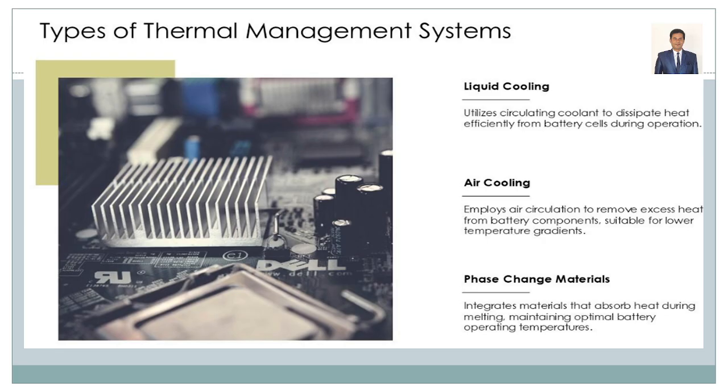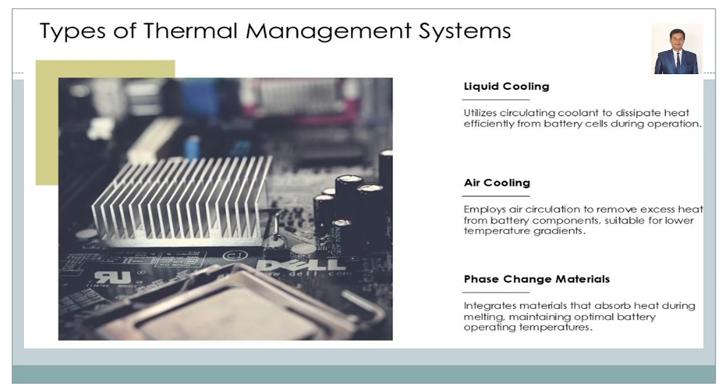All right, so liquid cooling, where you can utilize a circulating coolant to dissipate the heat efficiently from the battery cells during operation. All right, air cooling also implies air circulation to remove the excess heat from the battery's components, which is suitable for lower temperature periods, right?